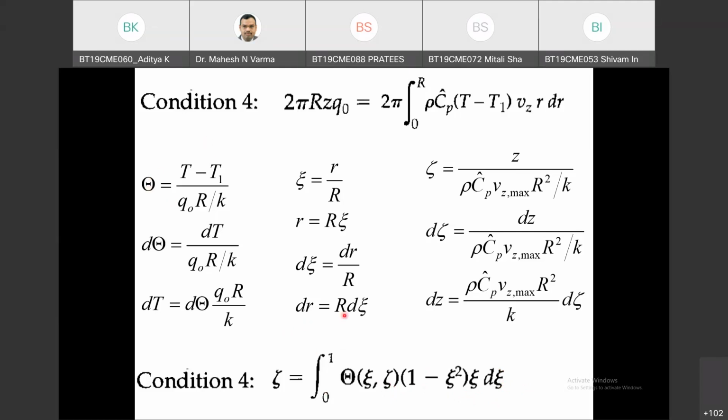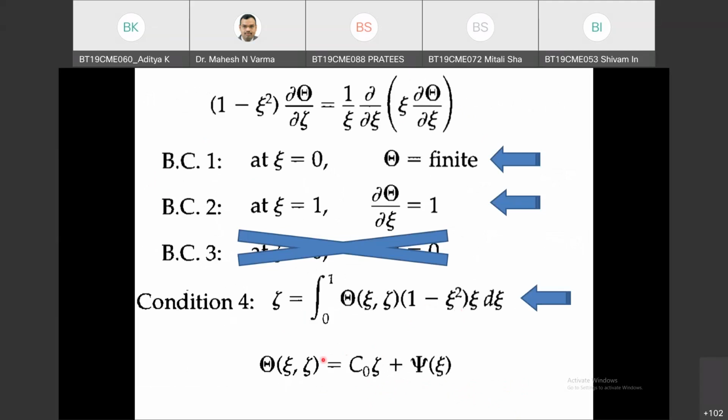This is theta, which is a function of epsilon and R, times 1 minus epsilon square, epsilon. You substitute all these dimensionless numbers. Now, instead of this, I will be using this condition number 4. So boundary condition number 1, boundary condition number 2, and modified boundary condition number 3, which is condition number 4.